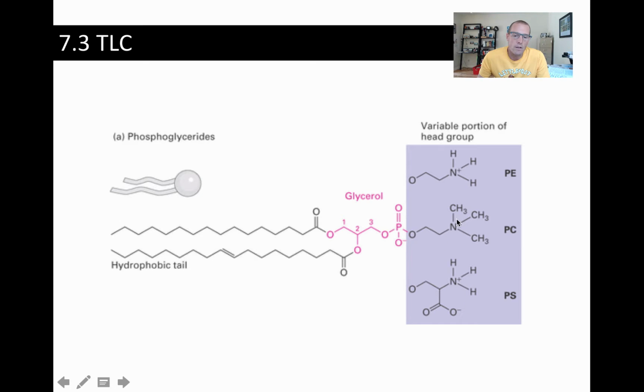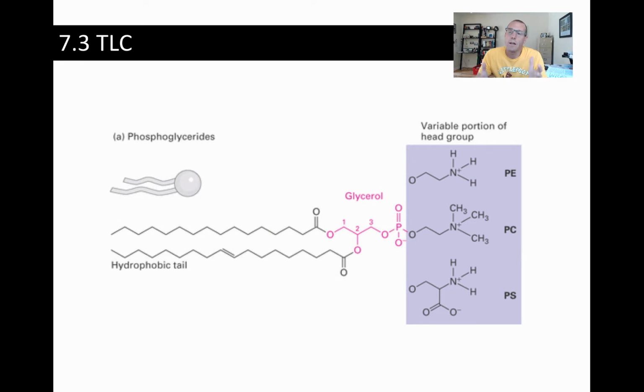So you can see that these groups are all charged. They'd be charged at certain pHs, obviously, and not charged at other pHs. And so these groups have a certain charge, a certain polarity that we could use as a chemical property to separate those different lipids.